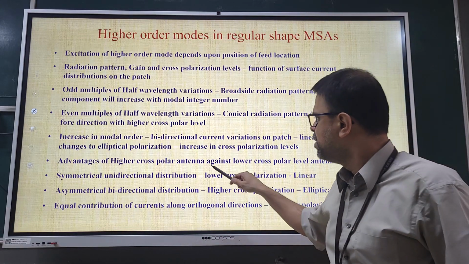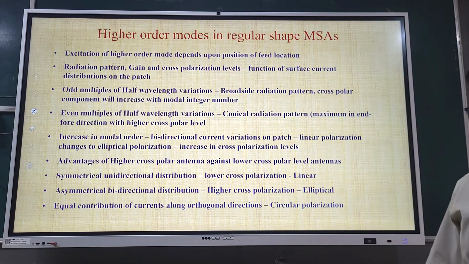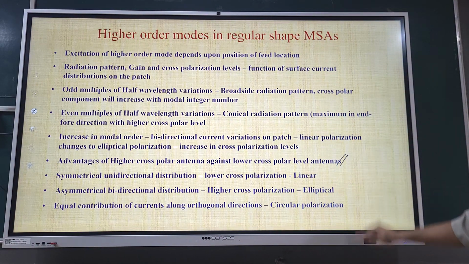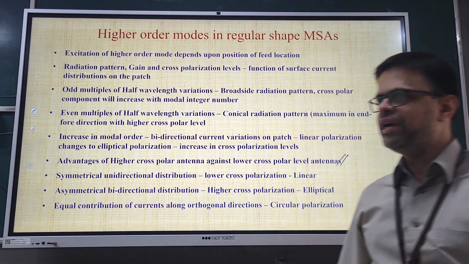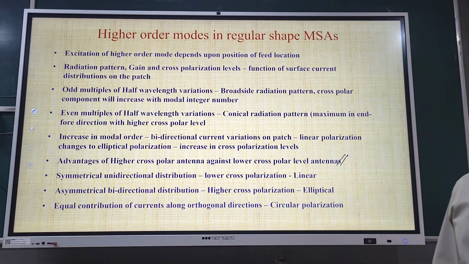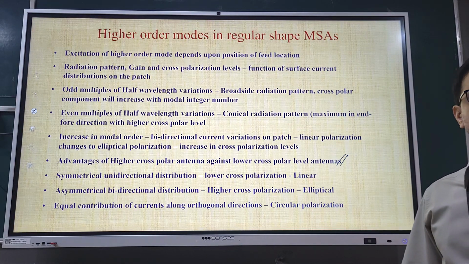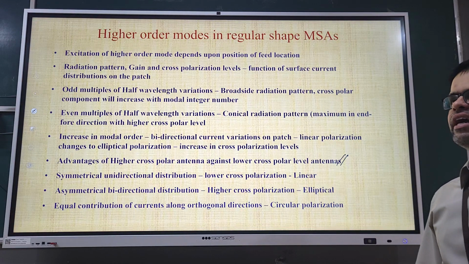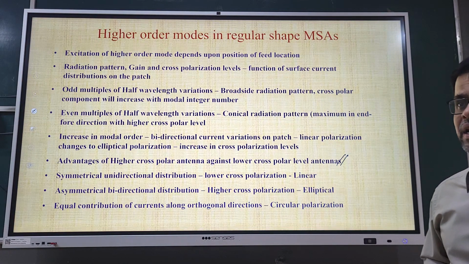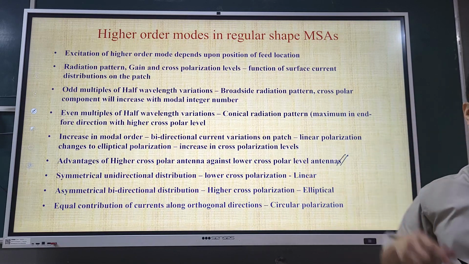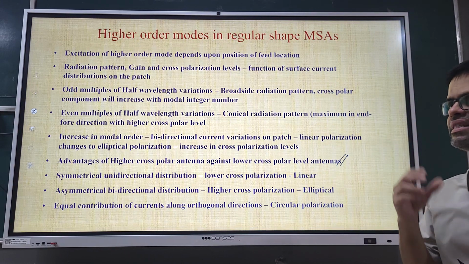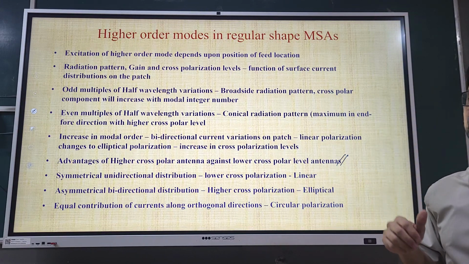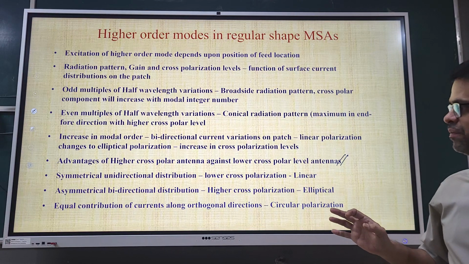But remember, as I mentioned earlier also, there are advantages of a high cross polar antenna also. It's not that high cross polar antennas are not used. There are certain advantages of high cross polar antennas as well, especially for personal mobile communication systems, where the signal travel and the incident signal polarization is not guaranteed.